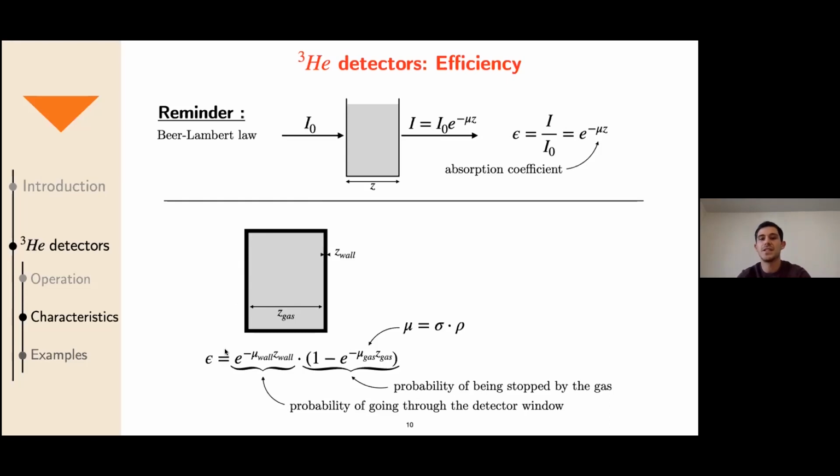And so the efficiency corresponds to the probability of going through the detector window, which corresponds to the decreasing exponential as for the Beer-Lambert law, times the probability of being stopped by the gas, which corresponds to 1 minus the probability of going through the gas. And so we have this expression, and we can note that the absorption coefficient of the gas is equal to the capture cross-section times the density of the gas.